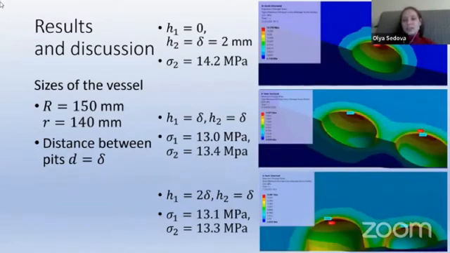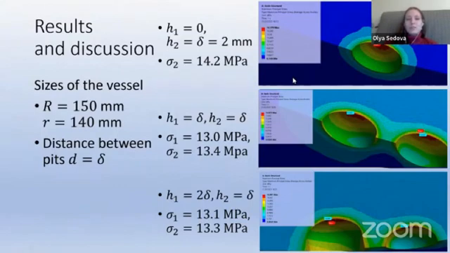And then we reduced the sizes once again, and it enhanced the interaction between pits a little bit more, but still we can see not a really big influence of the interaction of those pits to make them grow faster than a single pit on the surface of the same shell.